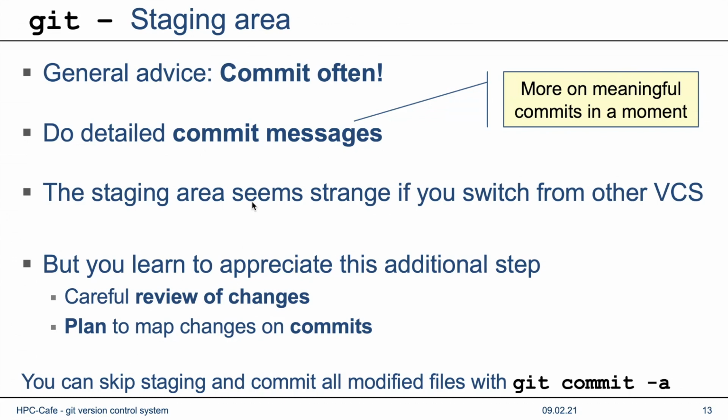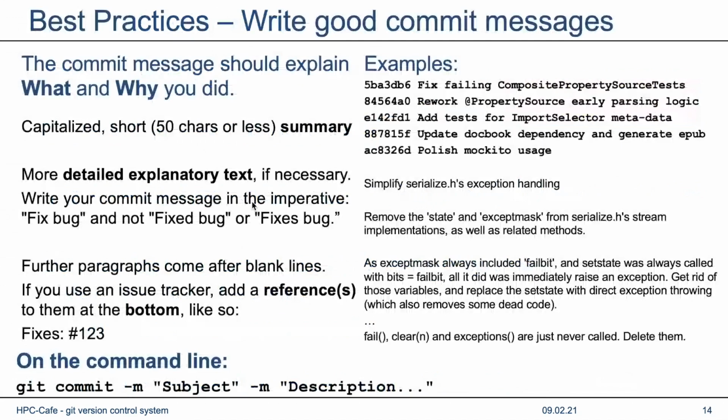Some best practices for good commit messages. At the least, the commit message should explain what and why you did, not how you did it, because how you did it, you can just look up yourself. It's in the diff, because the diff is part of the commit.